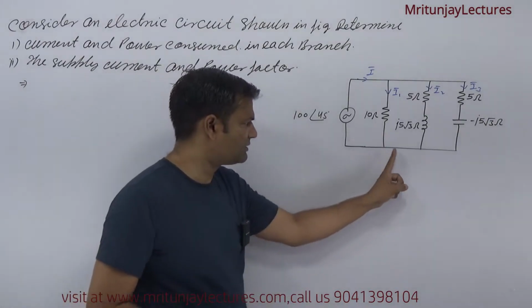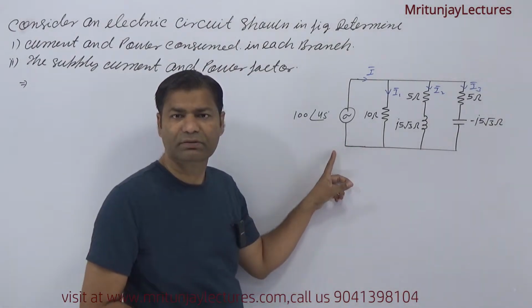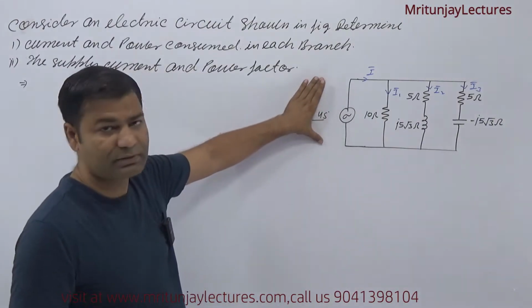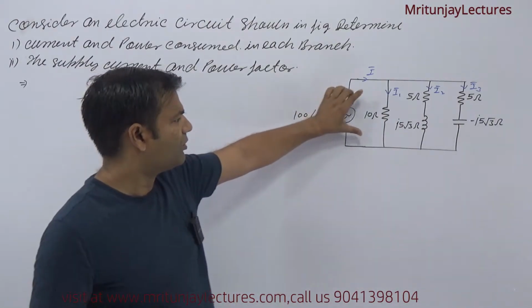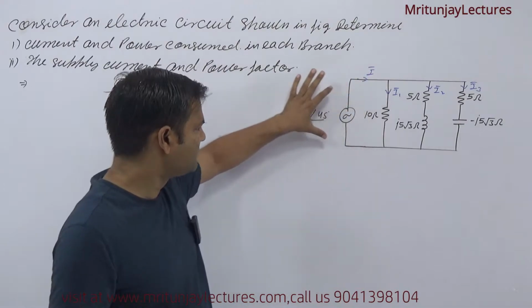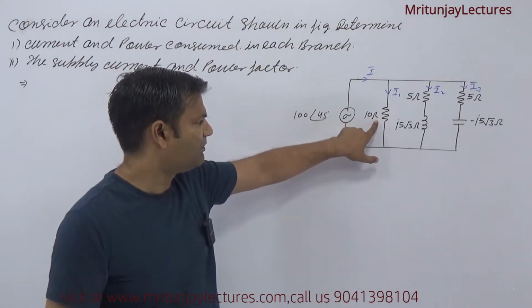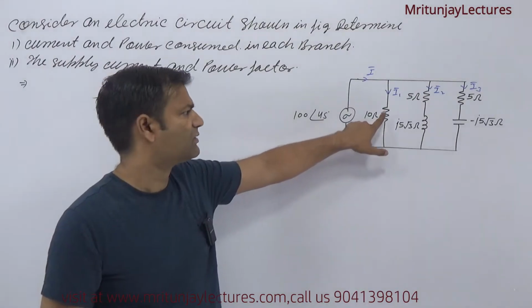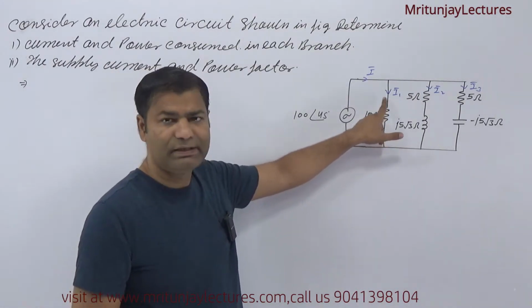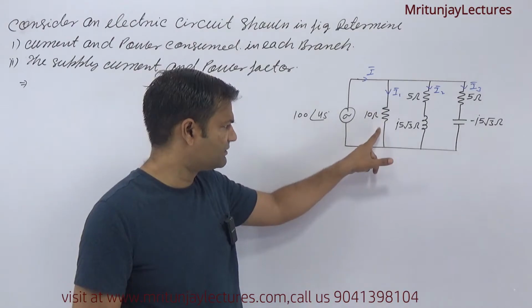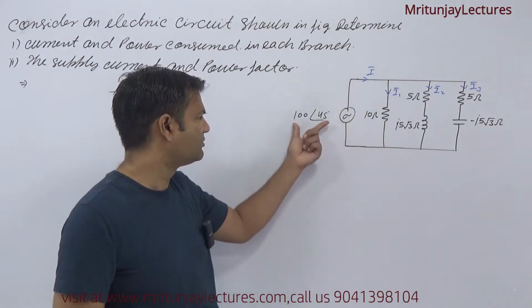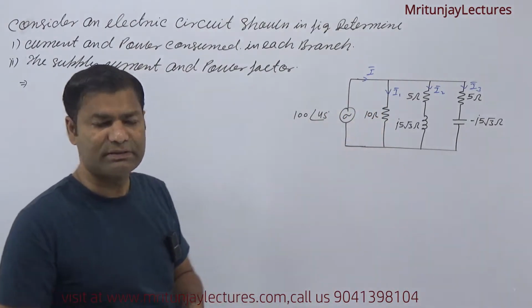These three branches are parallel to each other and to the supply voltage. The voltage across this branch is 100 at the angle 45 degrees, and the impedance is 10. So the current in this branch, I1, is equal to this voltage divided by this impedance.